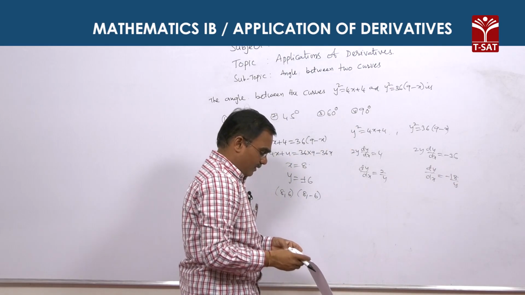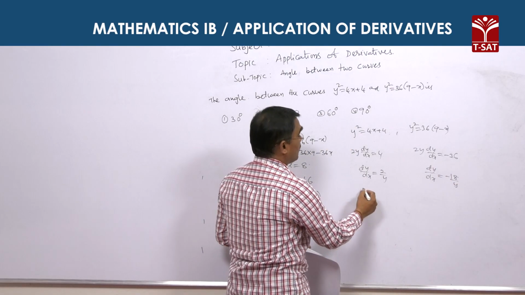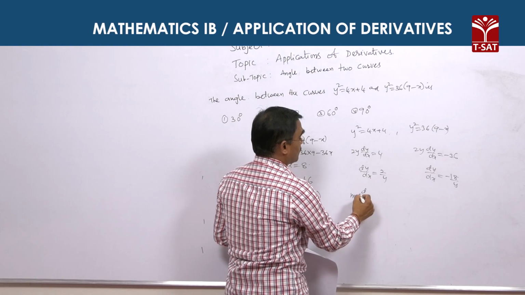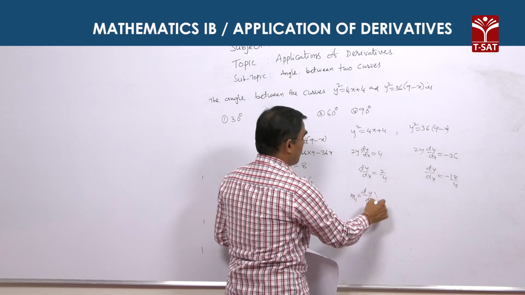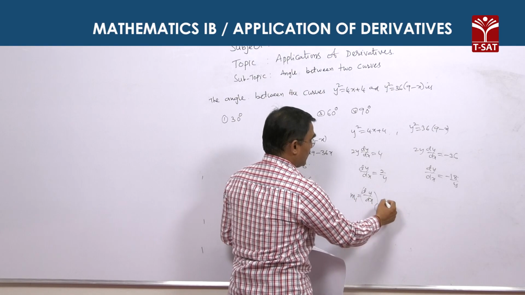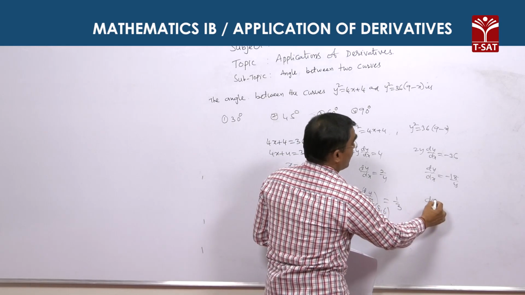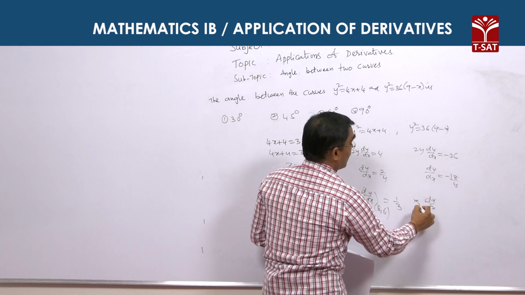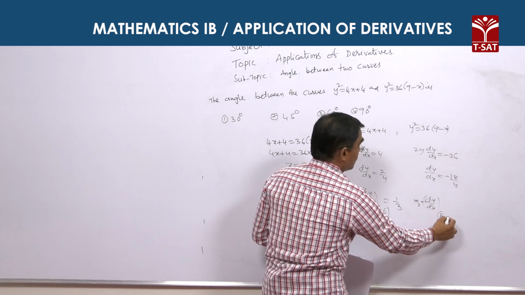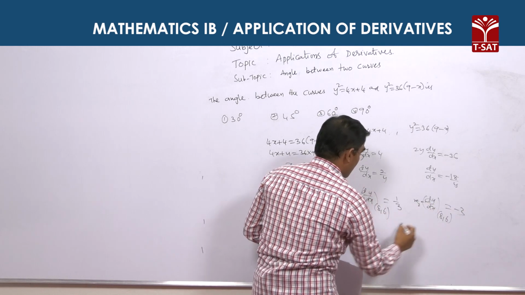Two curves are there. First, m1 is dy by dx at the point 8 comma 6, which is equal to 1 by 3. For m2, at the point 8 comma 6, you get minus 3.